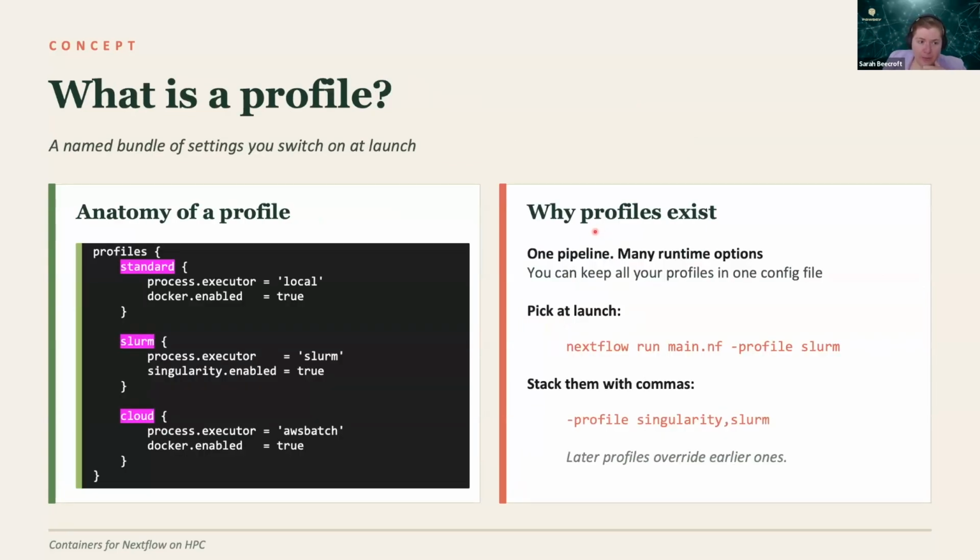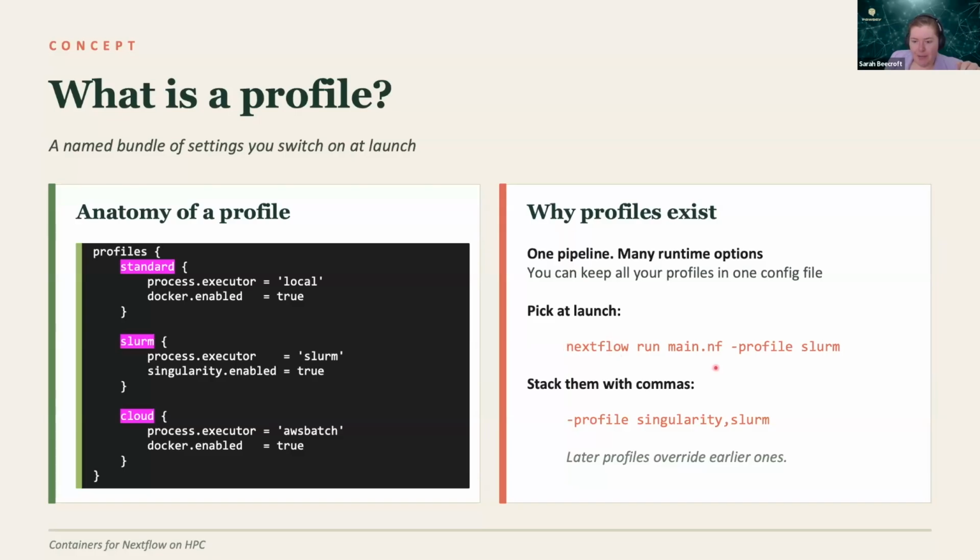You can also use these things called profiles. And so this is what I was sort of talking about before. I'm using my pipeline quite a lot and I'm using it in many places. A really handy way to handle that is using profiles. So you can have your Slurm profile, your cloud profile, your local profile, all in one file, which is quite handy. You keep all of this in one file, and you pick at launch which one you want to use.